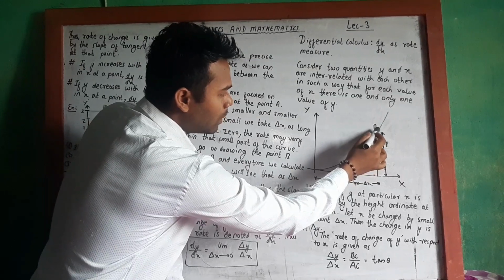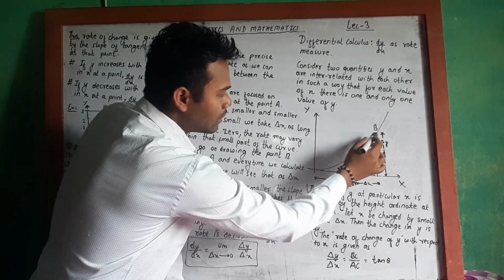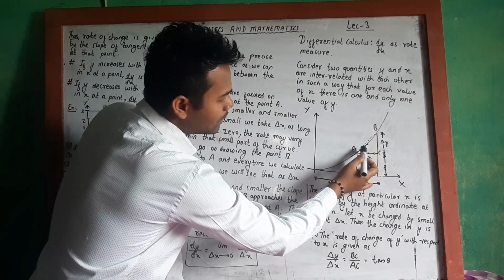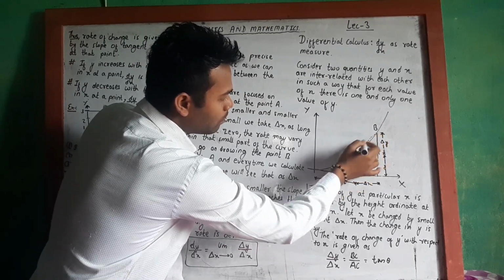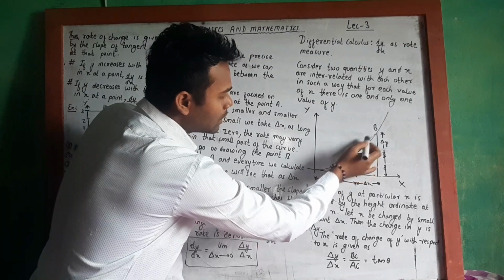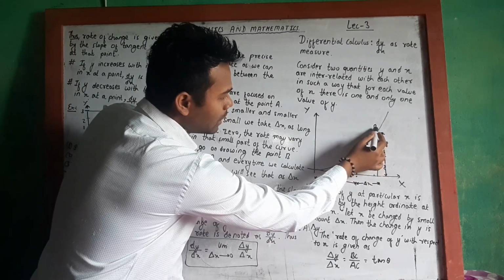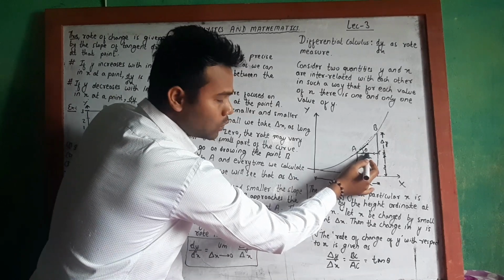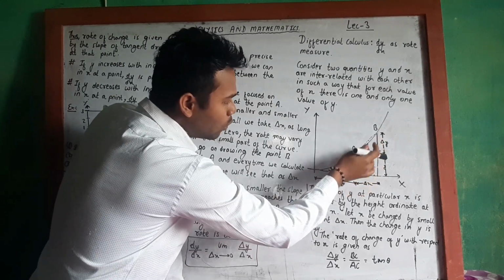This line BA, whose tan theta gives the slope of the line BA, as B tries to coincide with A when del x tends to 0, then this BA will be the tangent.